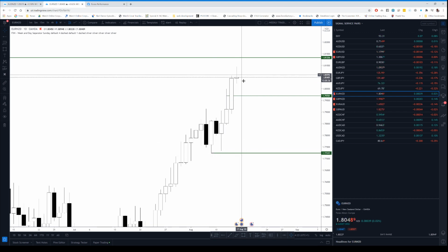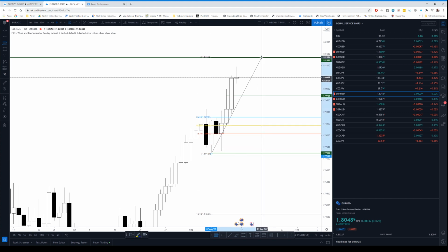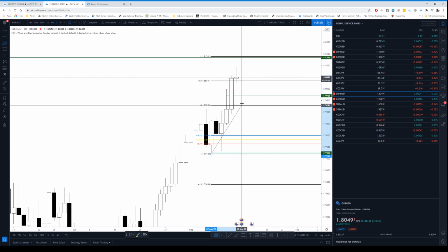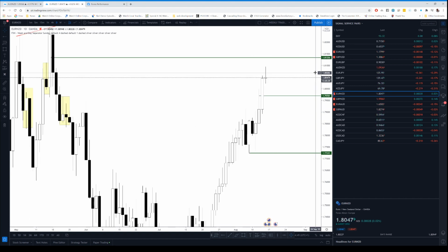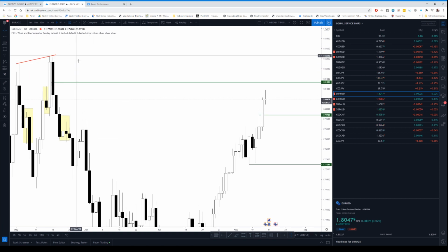So in case we do come down, you want to measure, and I don't think it will come back down like that. It will probably do a reaccumulation. So we have a down candle come back down, one candle, and then the next day we trade back up above it again, because that will be a reaccumulation to break this high.